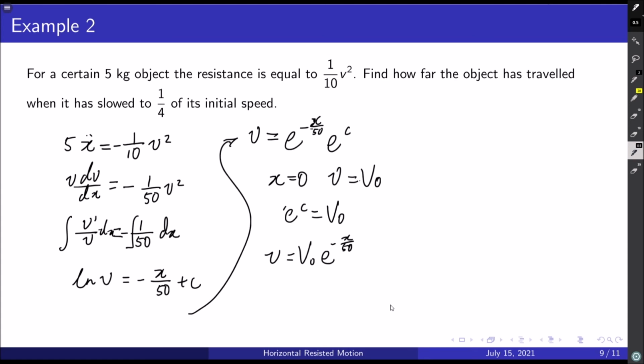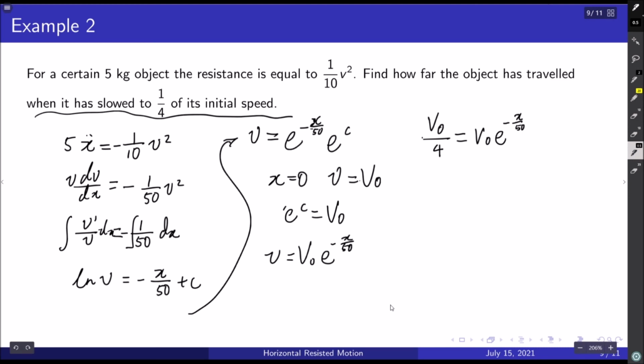Now the second part, when it has to slow to a quarter of its initial speed. A quarter of the initial speed means it's v0 over 4, isn't it? Equals v. So we have to find the x value for this equation to work out.